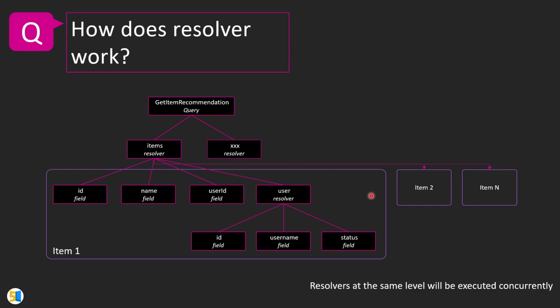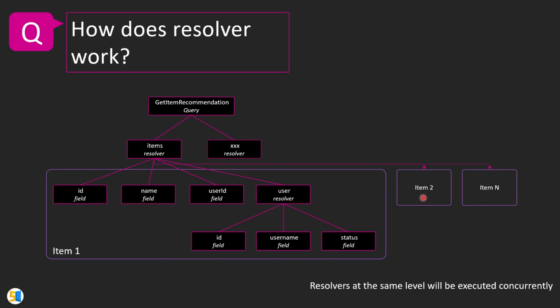So if you have more than one resolver at the same level, they will be executed concurrently. And also, if you have more than one item, in this case maybe 3 items, each item will be executed concurrently. So it's supposed to be very fast, right? So resolvers at the same level will be executed concurrently.